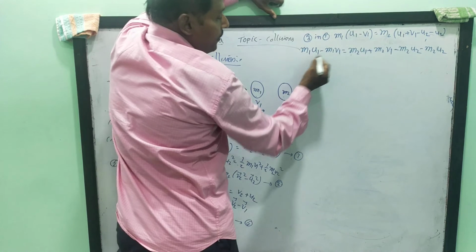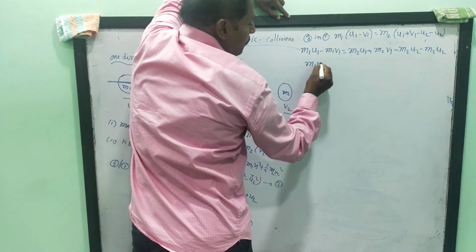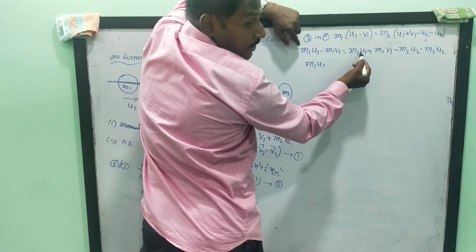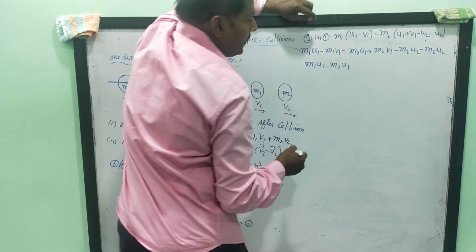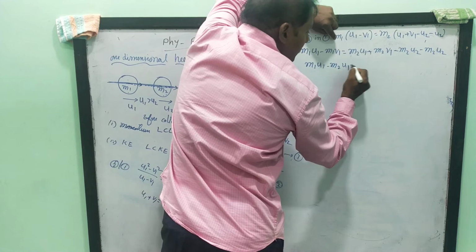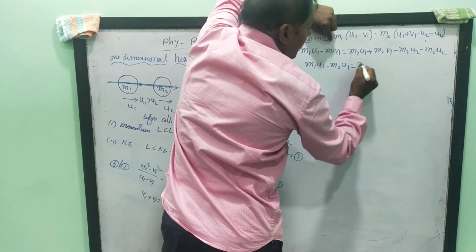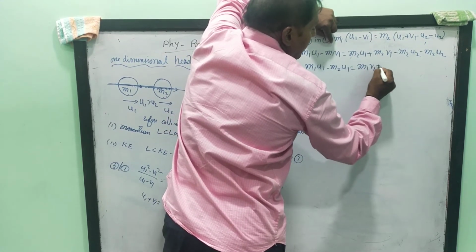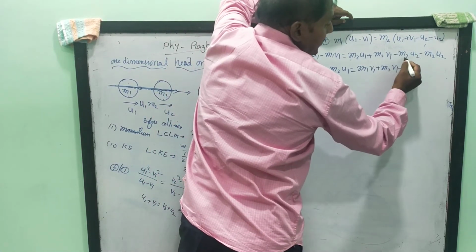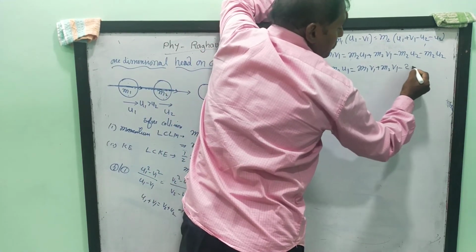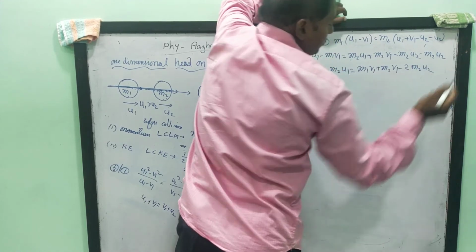So from this one we can write as m1u1 plus m2u2 (here also), we can write this side minus m2u1 is equal to m1v1 plus m2v1 minus m2u2 minus m2u2, minus 2m2u2.